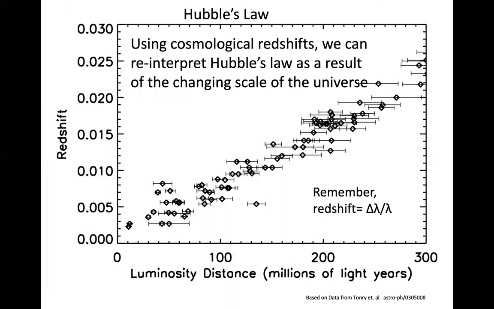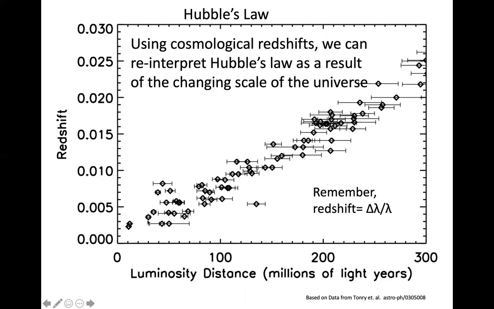So in this case, we can say, okay, the typical redshift of light from galaxies that are 100 million light years away is about 1%, or about 0.01. That implies that the universe's scale, the average distance between galaxies, increased by about 1% between the time when that light was emitted and today.